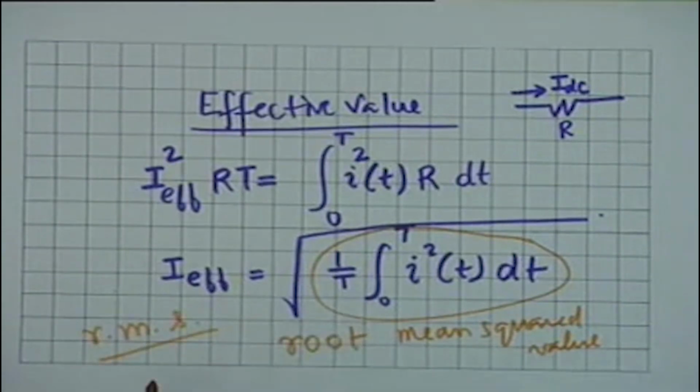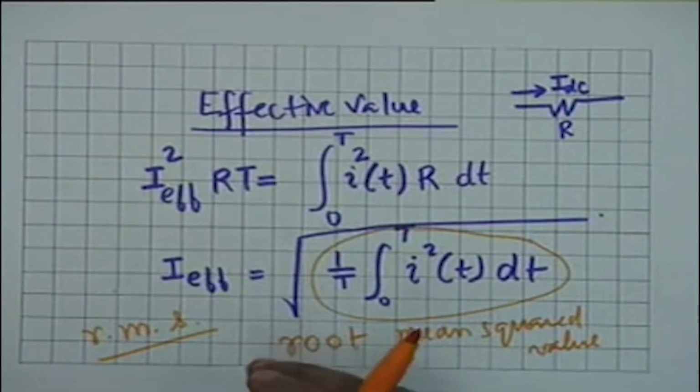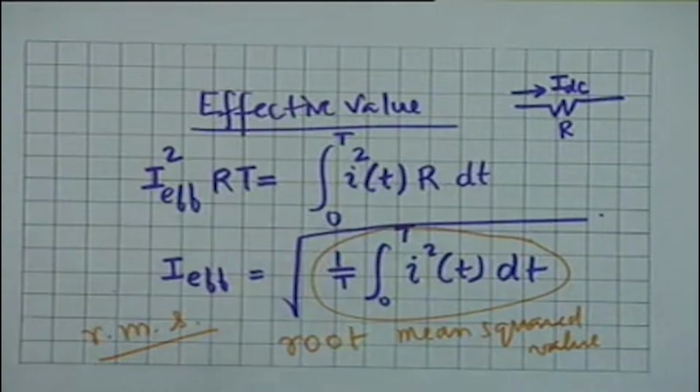You understand the interpretation of root mean squared value. This is the effective value, or that value of direct current which when passing through a given resistor produces the same dissipation as the periodic current in one time period.